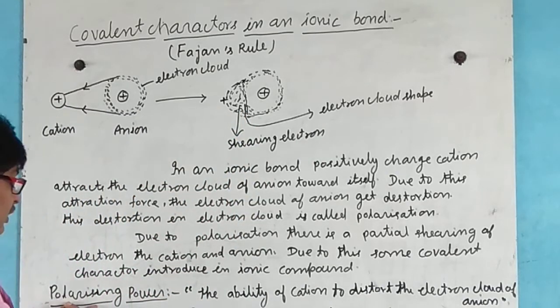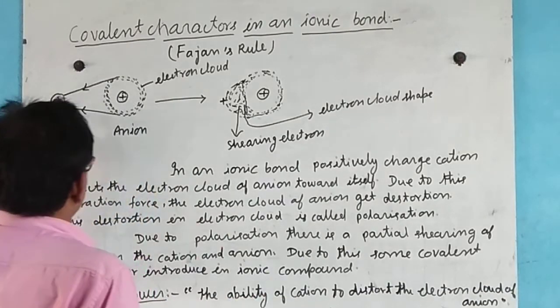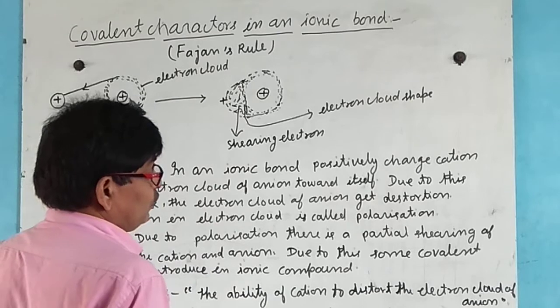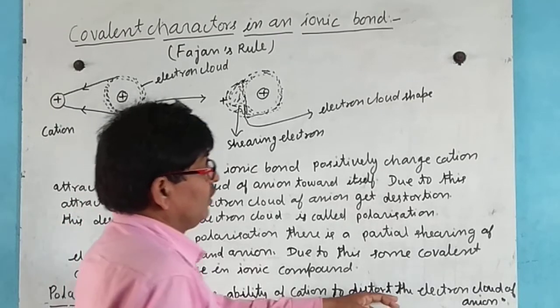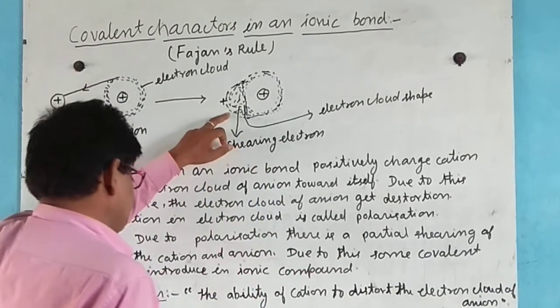Now, polarizing power is the ability of a cation to distort the electron cloud of an anion.